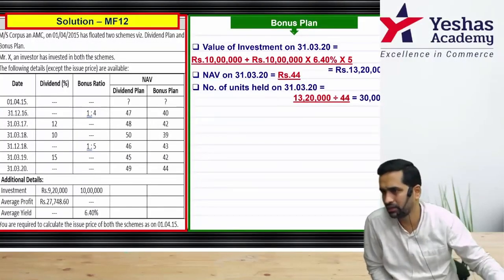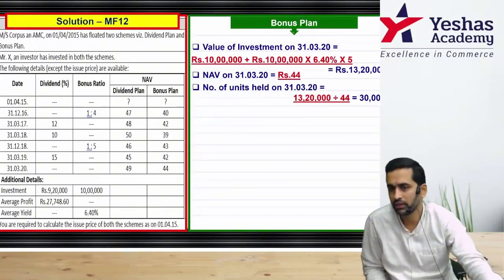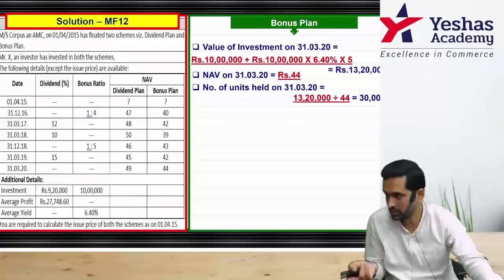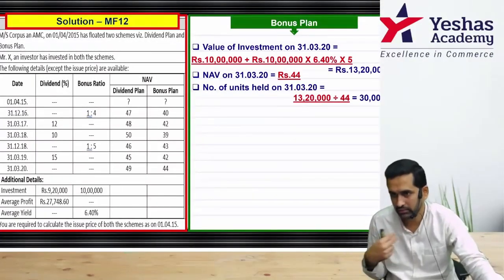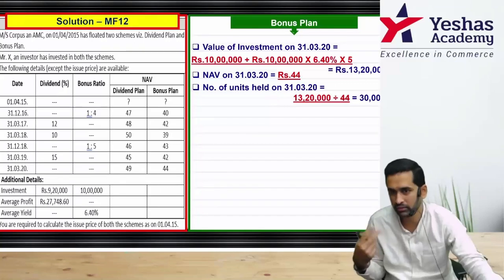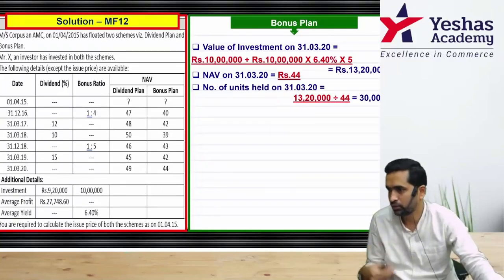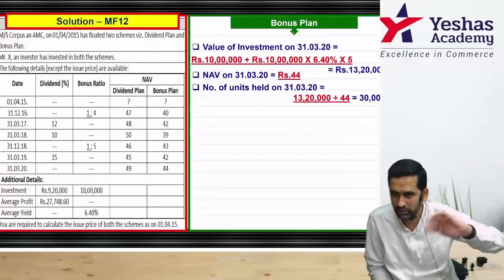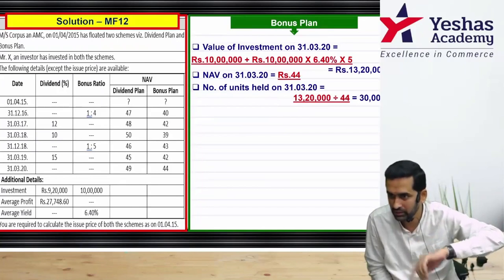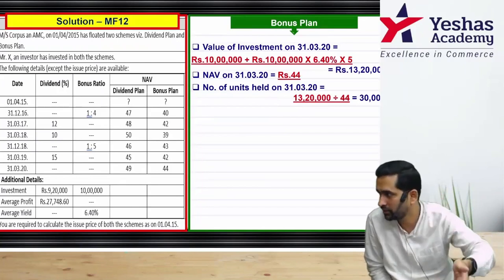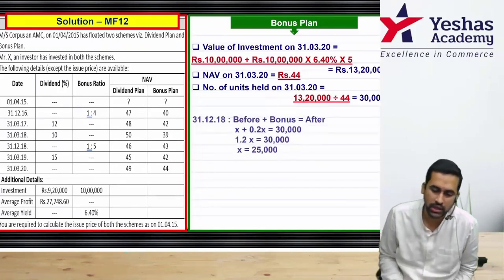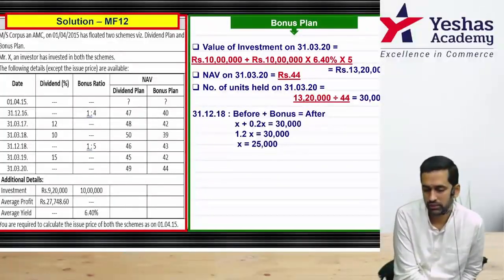But did he purchase 30,000? No. This 30,000 is after 2 rounds of bonus, correct? That means again we have to do a similar reverse working to find out how many units he had before that last bonus. You have to do that first, and then the first bonus will be done later. Yes, this is easier now.